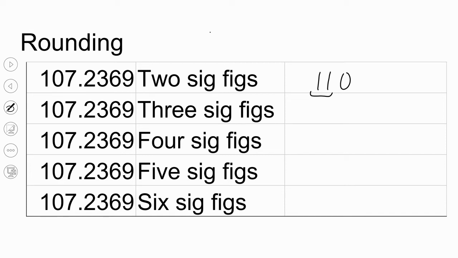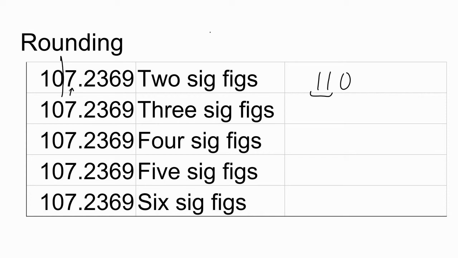So we're going to look at the 7, and we need to know if we should drop that number or round it up. So this one we're going to round up. And now it has 2 significant digits. You're not rounding it up to like 8, you're rounding it up depending on how many significant figures we want. Yep.